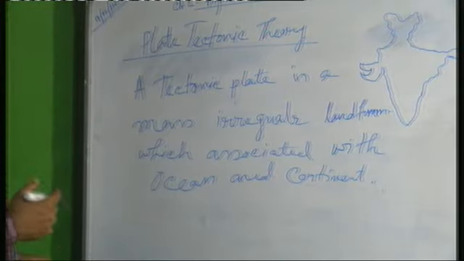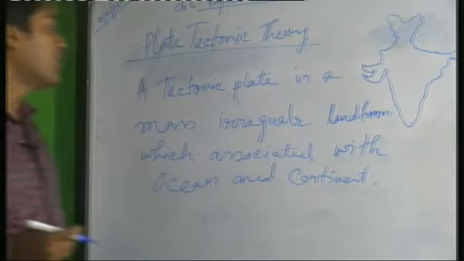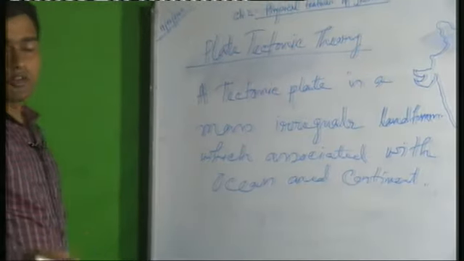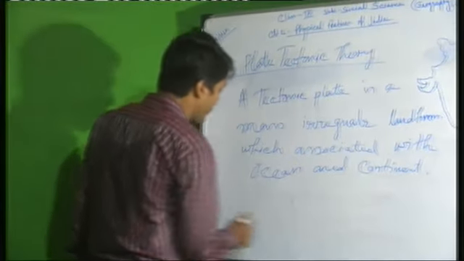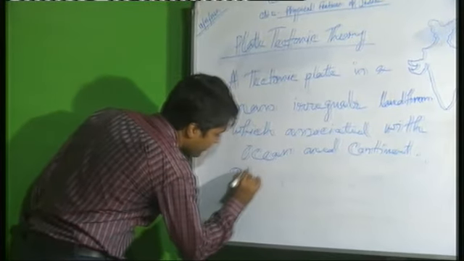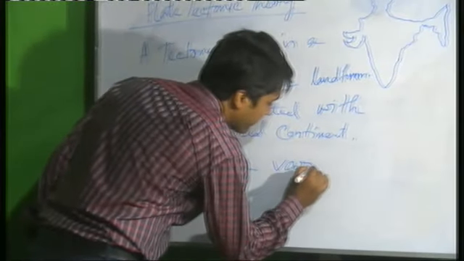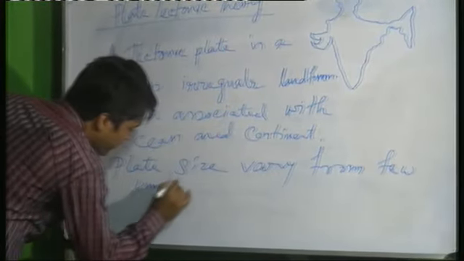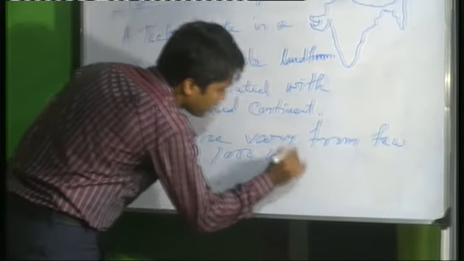A tectonic plate or a plate means an irregular mass, that means a very large size landform which is associated with ocean or continent. And also the plate size varies from a few kilometers to 1000 kilometers.